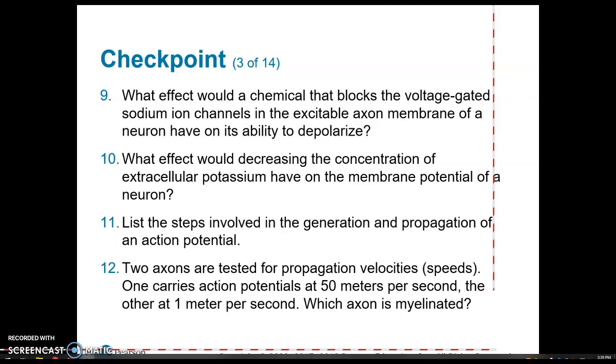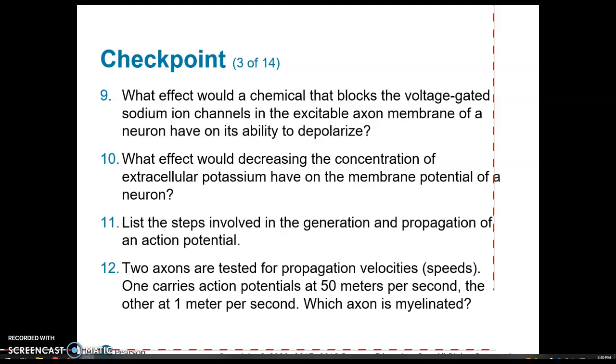And once threshold is reached, there's rapid depolarization to +30. That's when sodium channels open, that causes that +30 millivolts. And then at +30, there is the inactivation of the sodium channels and the opening of the potassium channels. That's going to lead to repolarization back to resting membrane potential.